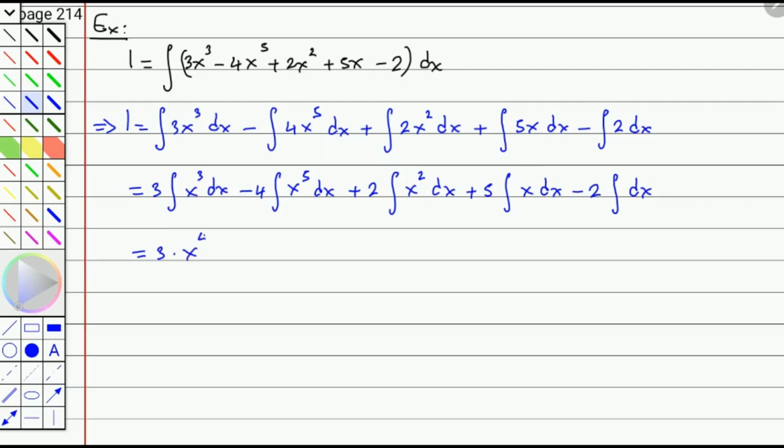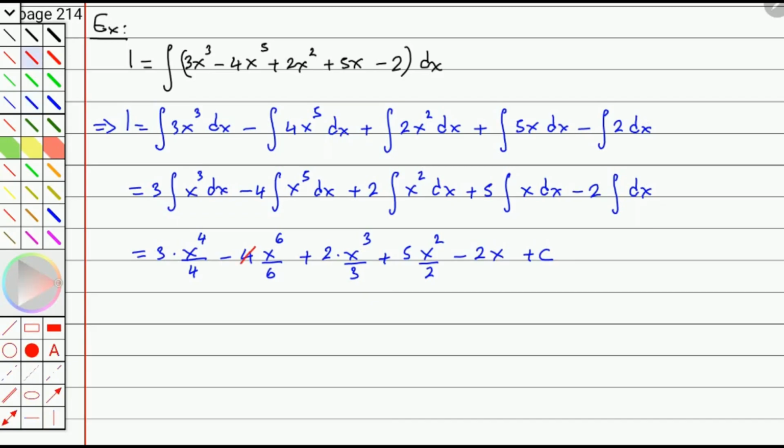x equals 3 times x to the 4th over 4 minus 4 times x to the 6th over 6 plus 2 times x cubed over 3 plus 5x squared over 2 minus 2x plus c. And let's check if we have any simplifications.